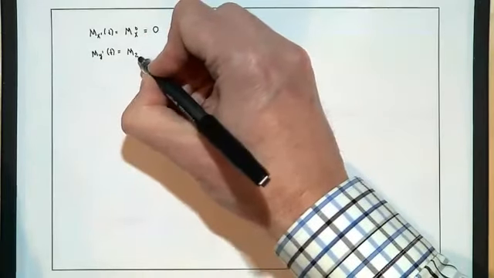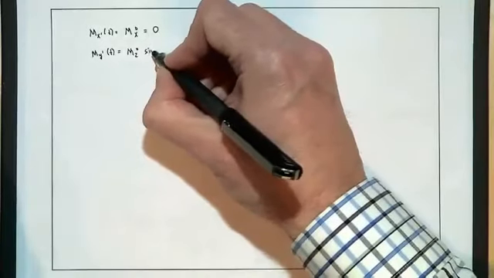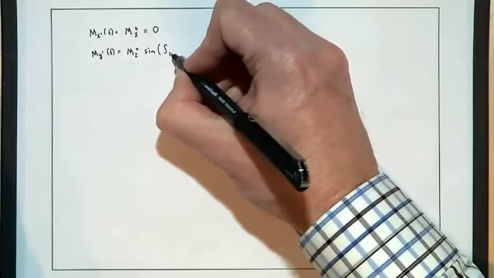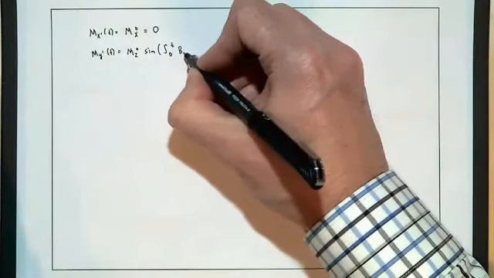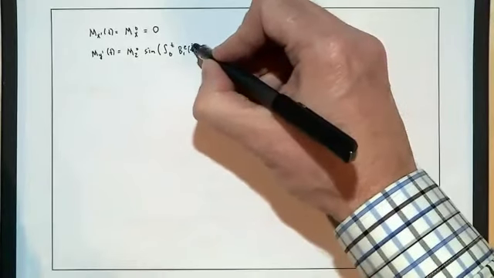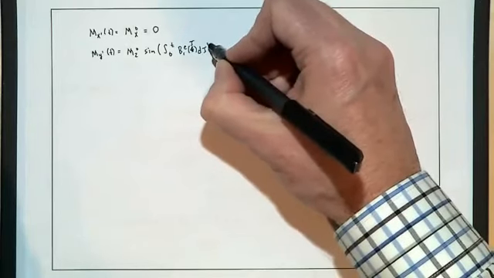Substituting back in, we get mz0 times sine of the integral of our envelope function, with a dummy variable tau, d tau.